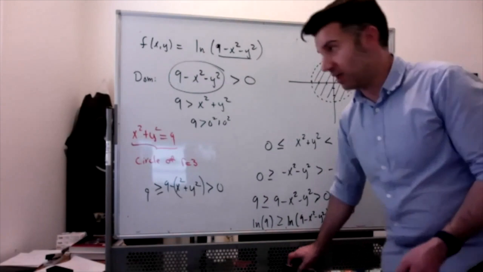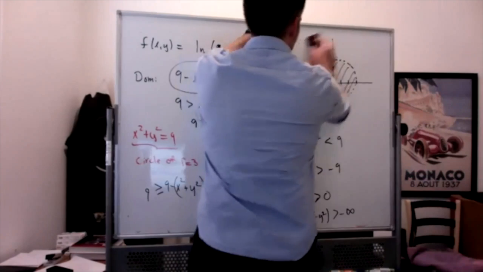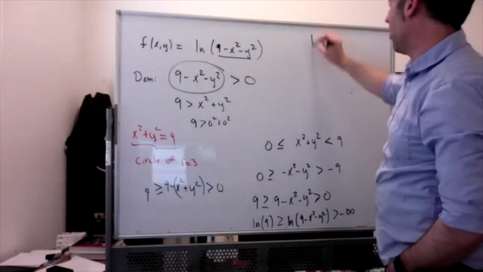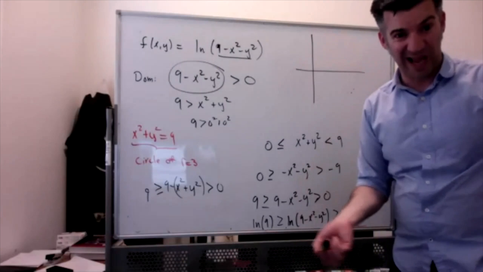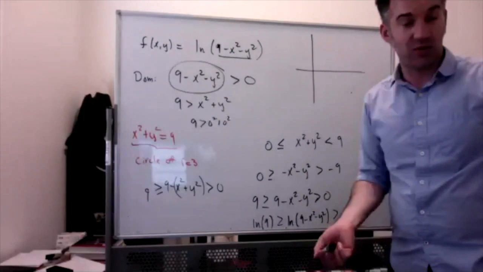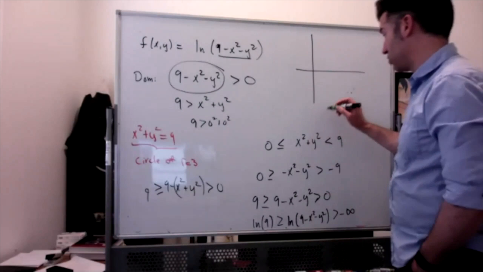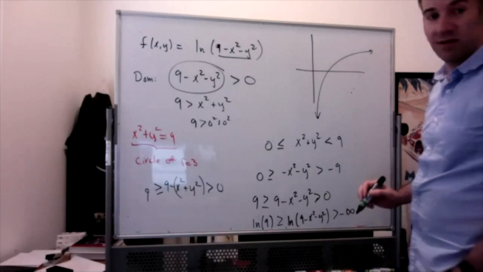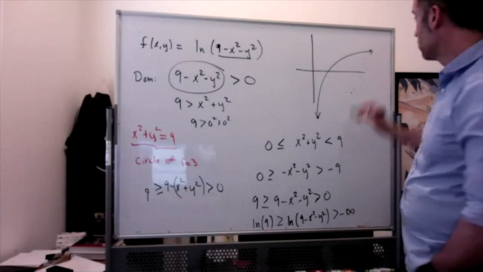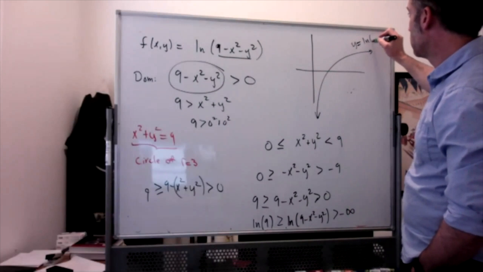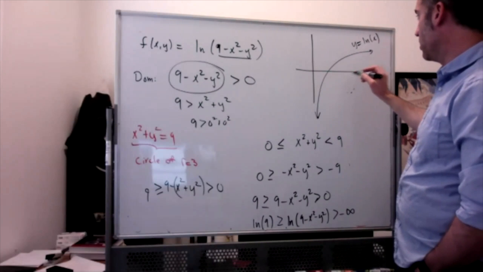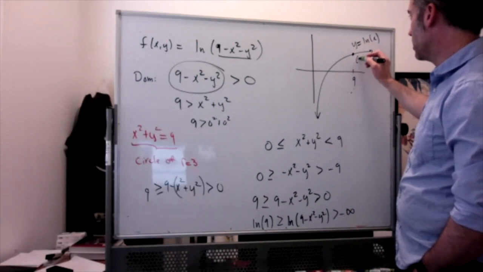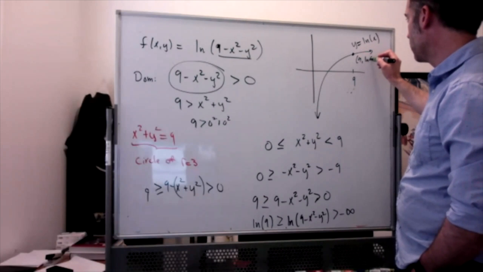Essentially what I've done is I've said, we'll erase this here. As I've said, our values are between 0 and 9, and now we're taking the natural log of those values. Well, I know what the natural log function looks like. There's the natural log function. And if we go over here to 9, there's 9 comma natural log of 9.